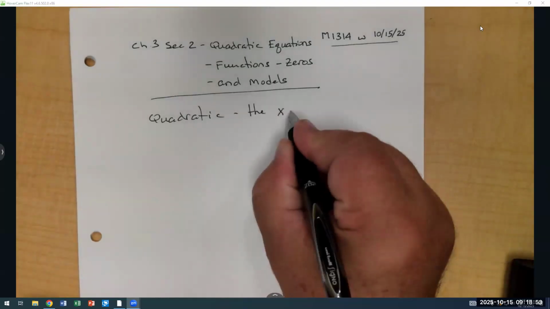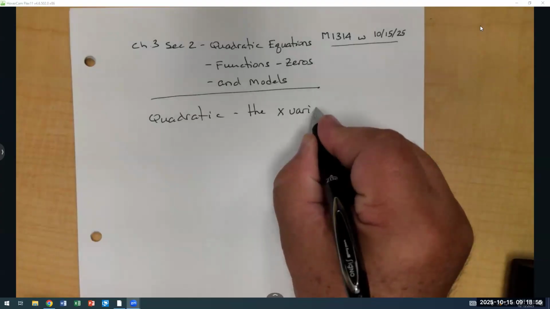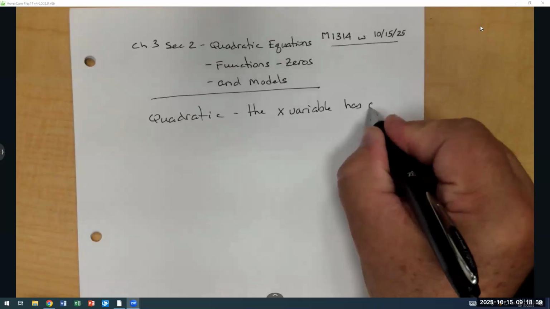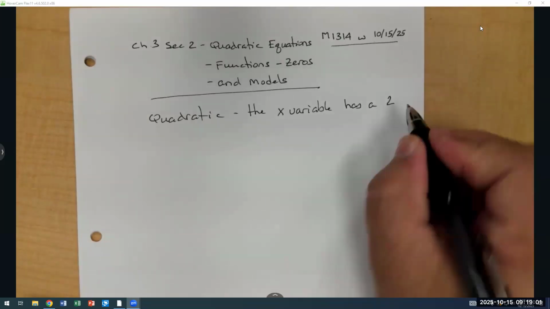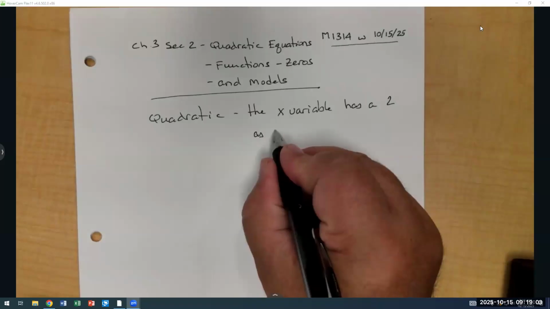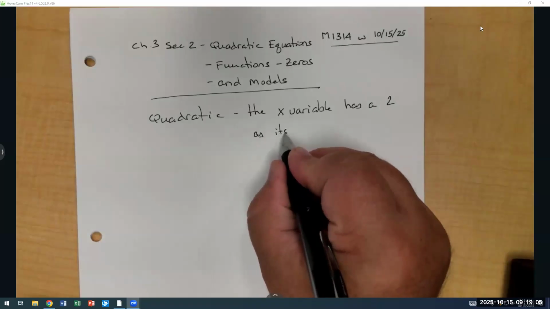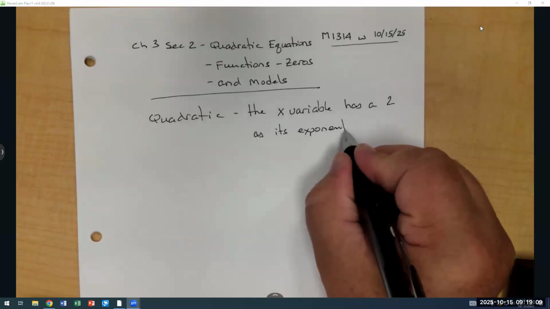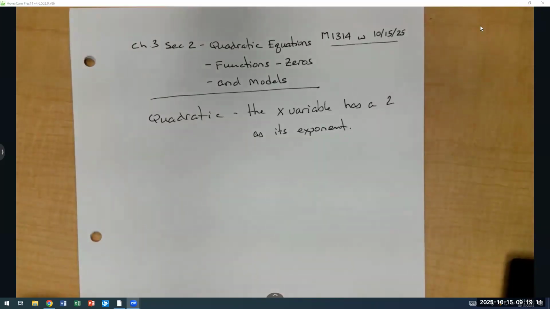The x variable has a 2 as its exponent. So out of the entire equation, the biggest exponent you see is the number 2.